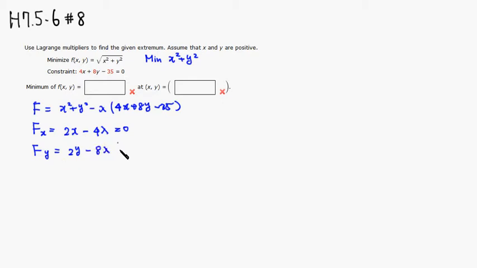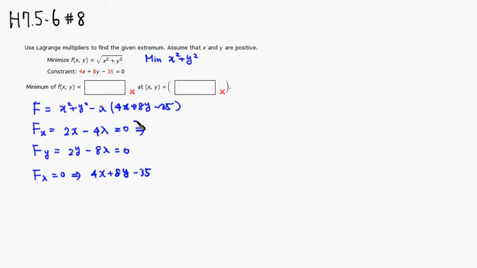Set that equal to 0. And then the partial with respect to lambda, set equal to 0, is always the same as the constraint, so you have 4x plus 8y minus 35. So let's solve this one.